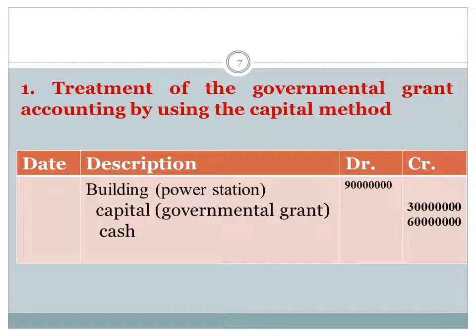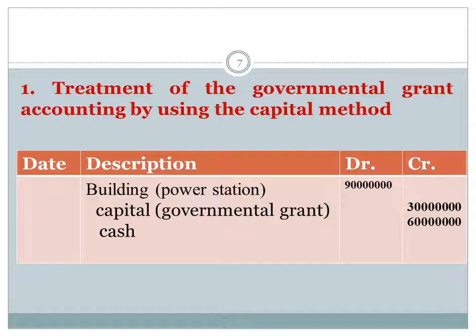This amount is paid in cash, so cash will be in the credit side because cash is an asset and it decreases, 60 million.